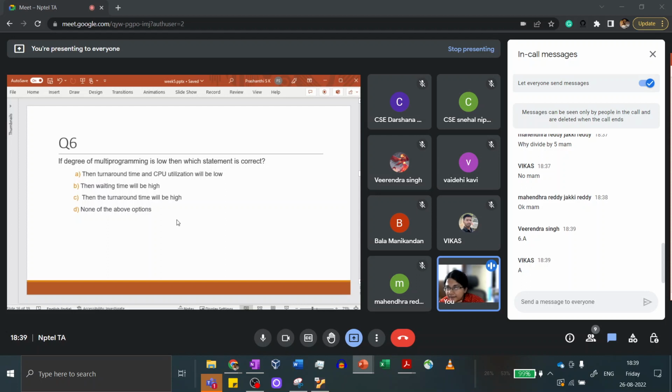Okay, A, turnaround time and CPU utilization is low. Great. Anyone else who thinks differently?